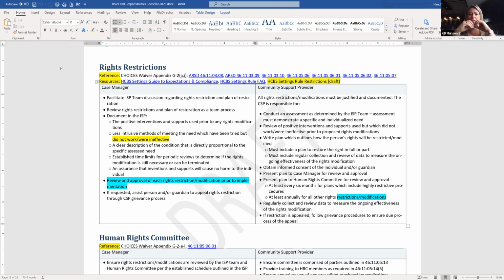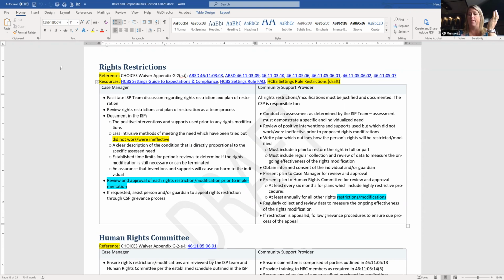I'm just wondering where we would put this. The only place I can think of, I know that once upon a time, Therap was going to have a program related to behavior support plans or rights restrictions, and then that went away. So now we only have access to ISP programs. If we, as case management, are going to be expected to document all of this, I really feel like we need to have a very clear plan for where we're going to document that.